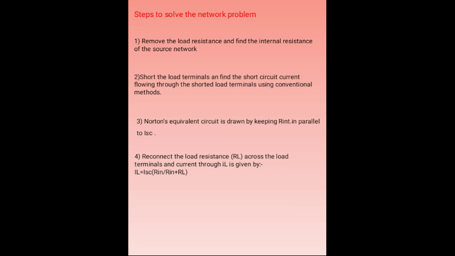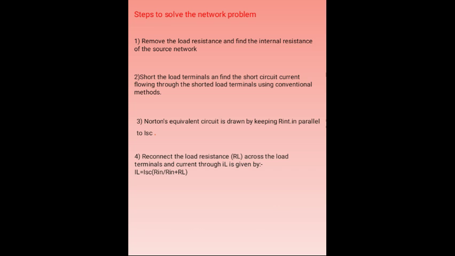So we have to short the load terminals of the given network, and then we have to find the value of current ISC by any conventional method. Conventional methods are KCL, KVL, nodal analysis and mesh analysis. These are the conventional methods.